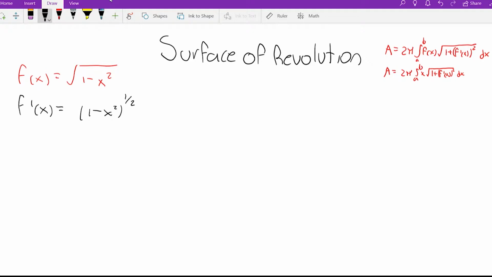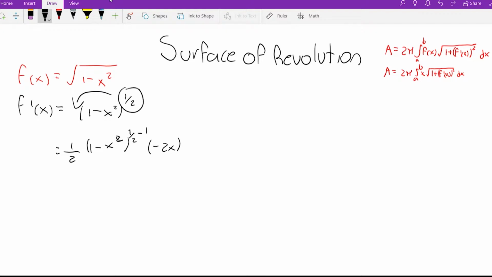Then we move this 1/2 right here, so the function is going to be 1/2 times 1 minus x squared to the power of 1/2 minus 1, times the derivative of the inner function, so it is going to be times minus 2x.